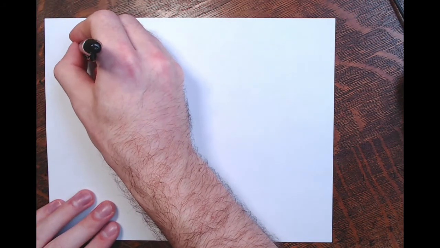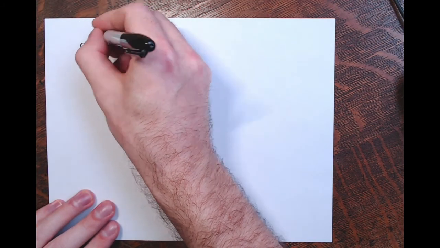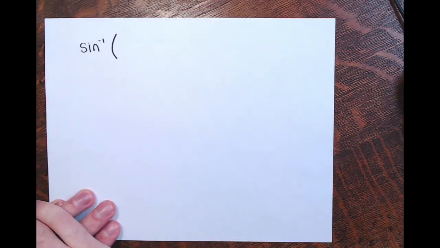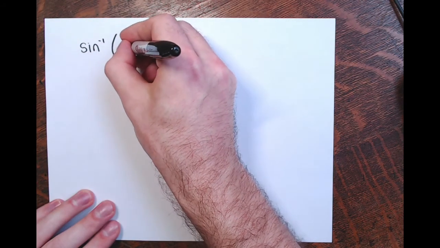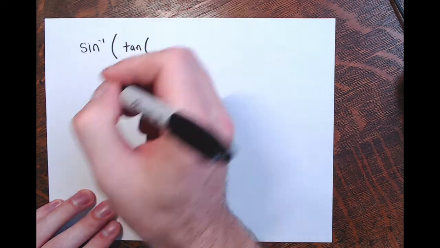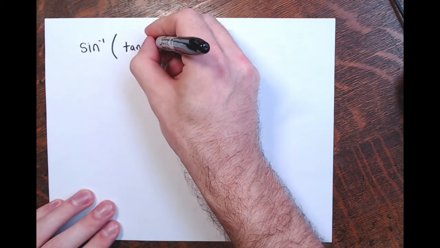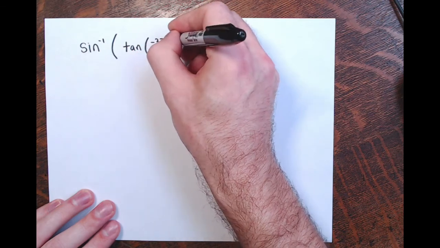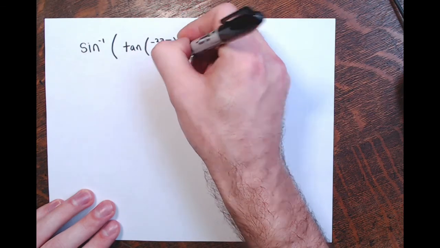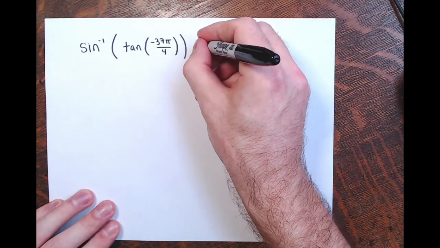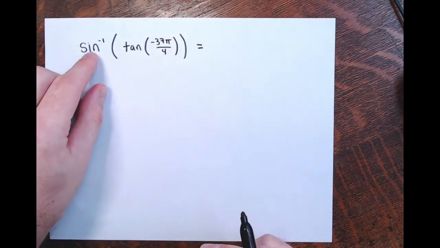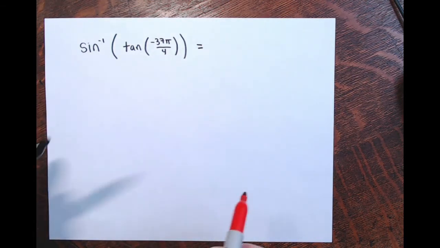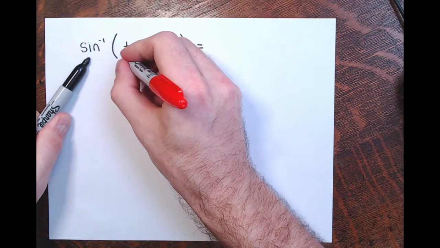But we're asked to find now the inverse sine of the tangent of, and then g is negative 37 pi over 4 radians. Okay. All right, so this time I'm taking the inverse sine of something.